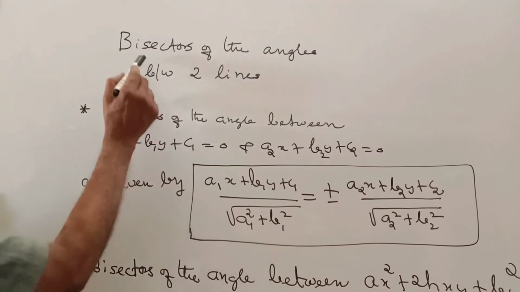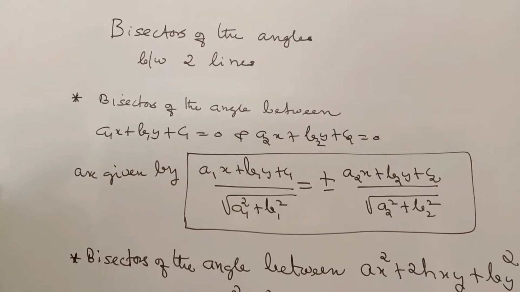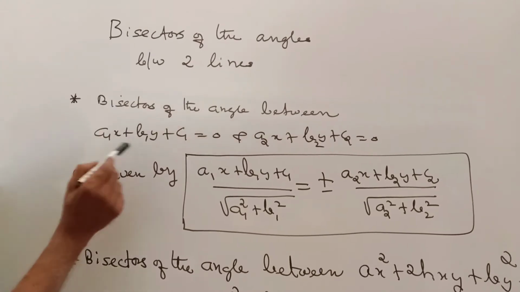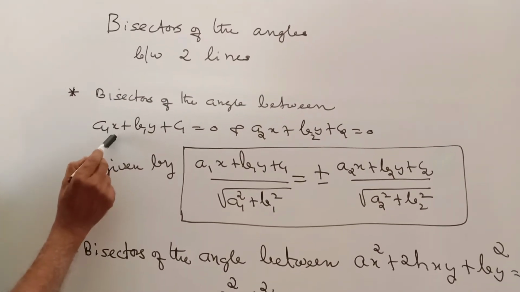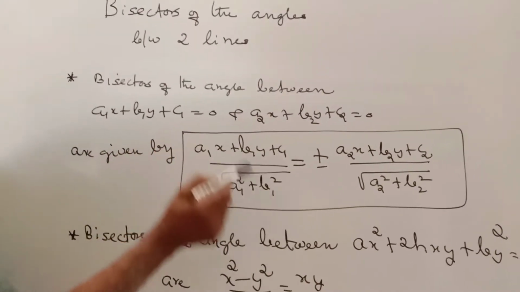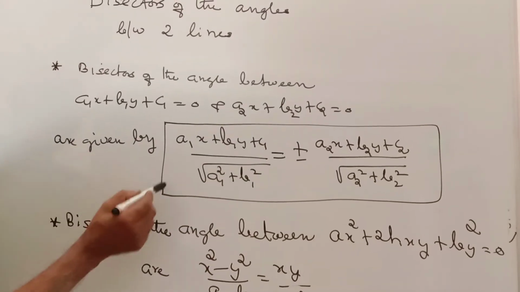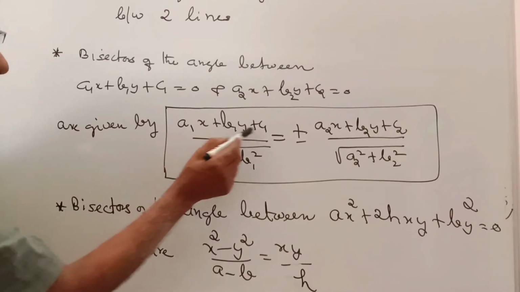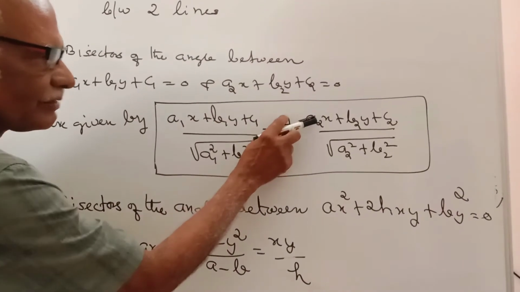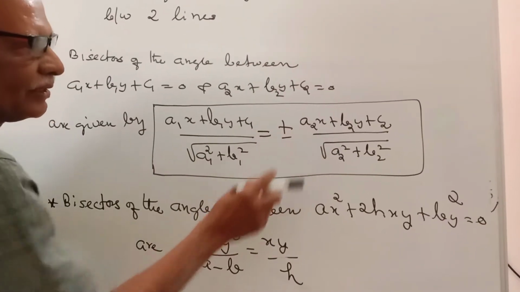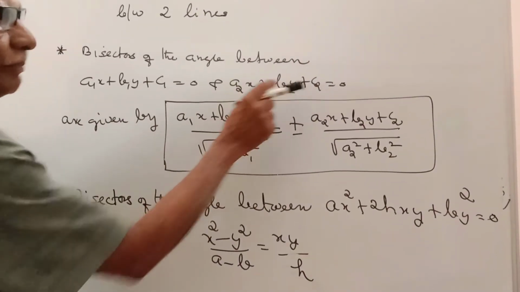Now we consider the bisectors of the angles between two lines. The bisectors of the angle between the lines given by separate equations a1x plus b1y plus c1 equal to 0, a2x plus b2y plus c2 equal to 0 are given by a1x plus b1y plus c1 by root of a1 square plus b1 square is plus or minus a2x plus b2y plus c2 by root of a2 square plus b2 square.